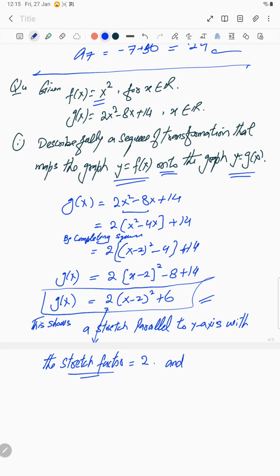And as you are subtracting 2 from the x and adding 6, you are adding 6 to increase the vertical position.